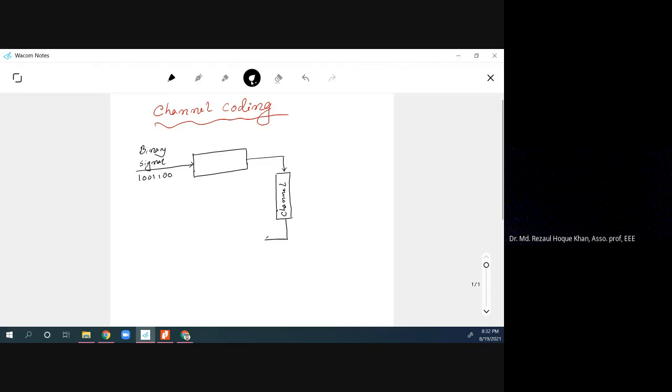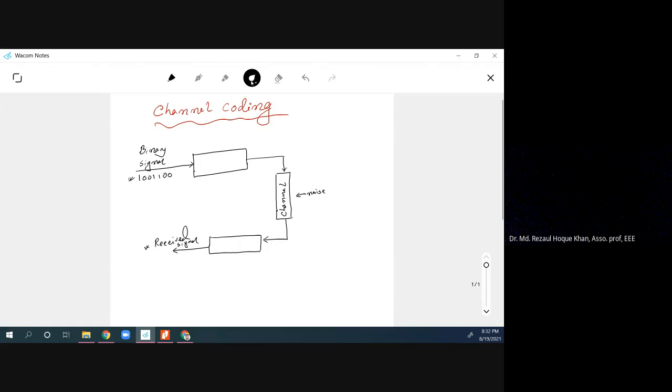Then it goes to another block, and we receive the signal. Here the binary signal that we transmitted, we want to receive the same signal. This channel will actually add some noise in the system.